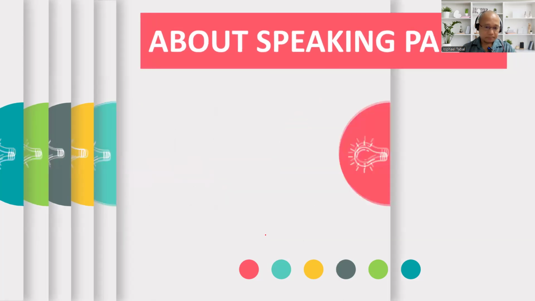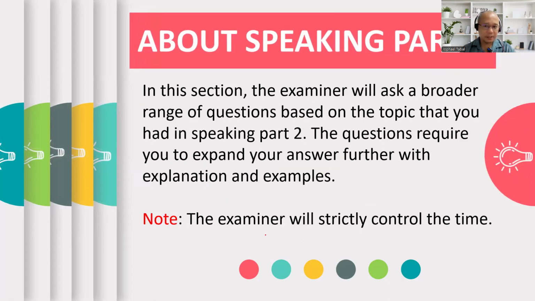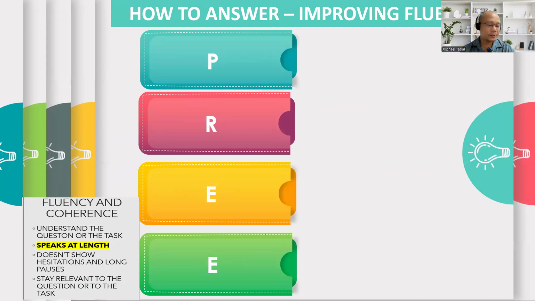Now for this part, there is a certain structure that the candidate must observe in order to make an effective argument. Again, not just to speak at length, but to make an effective argument. And what is that structure?